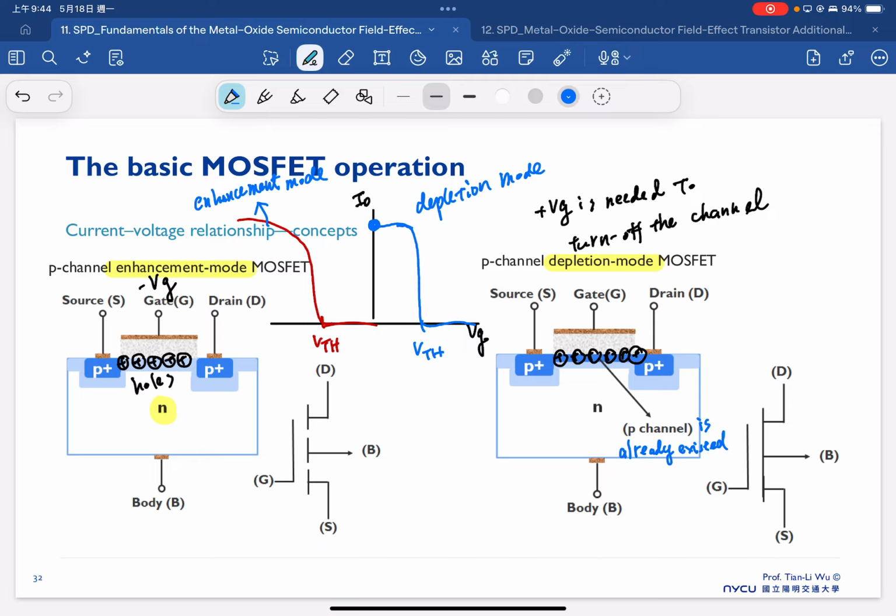And for sure, in most cases without any specific purpose, the main consideration will be the p-channel enhancement mode MOSFET.